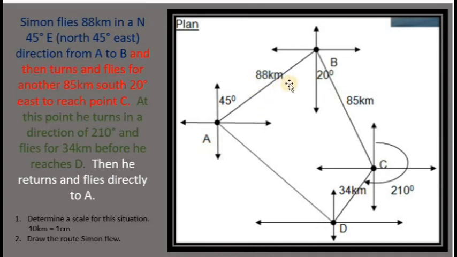Just like here, and you put in the real distances, you do not put in the 8,8 centimeters, but you put in 88 kilometers and just all the angles.